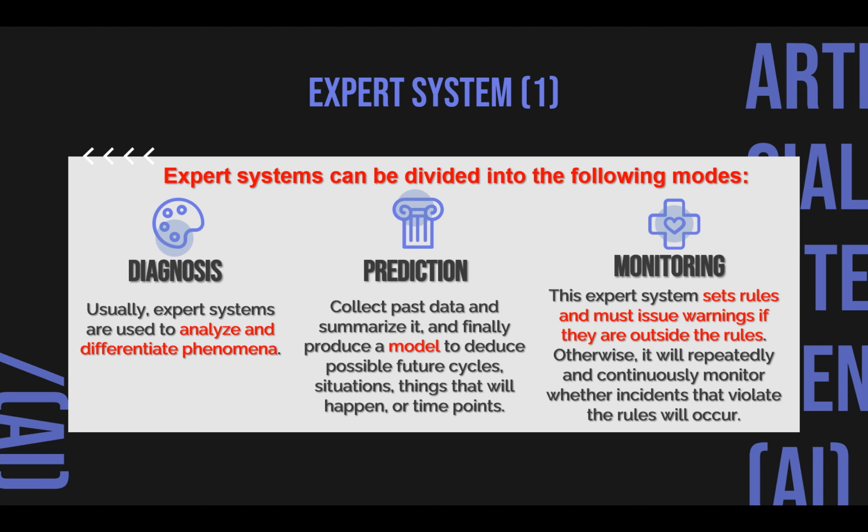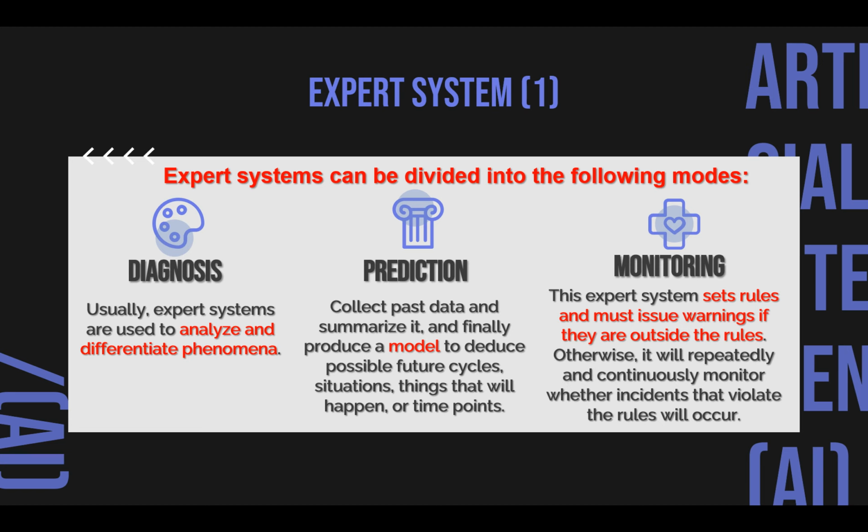Usually expert systems are used to analyze and differentiate phenomena. And second mode is for prediction. This mode collects the past data and summarizes it, and finally produces a model to deduce possible future cycles, situations, things that will happen, or time points.